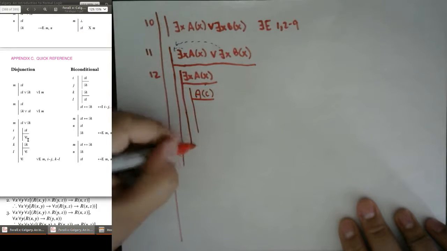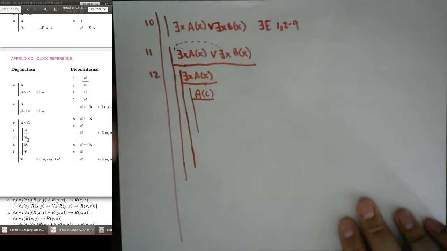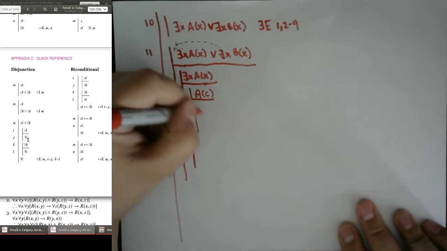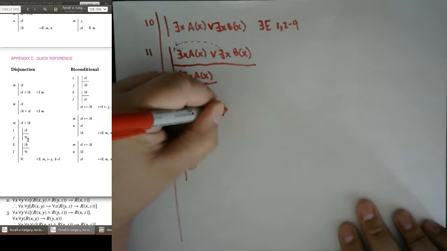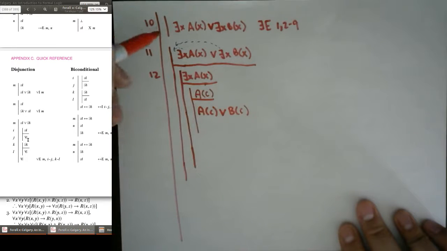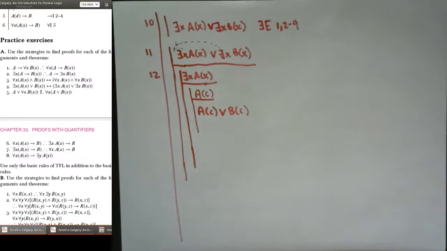Now, whatever I end up with in this subproof is what I'll be able to pull out if it follows the rules. So what I'm going to do is take this thing and OR something onto it. I'm going to OR B of C onto it. Now, why am I doing that? Well, if you look at where we want to end up, which is this statement, I have the same x in both positions.